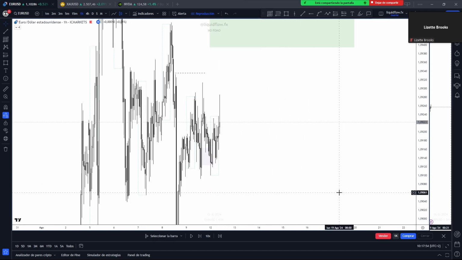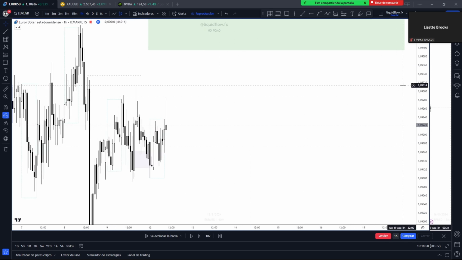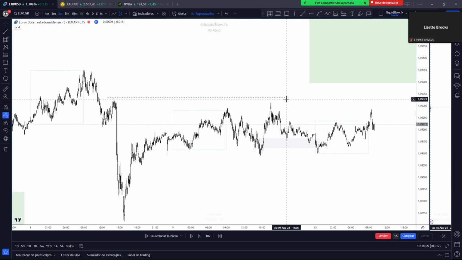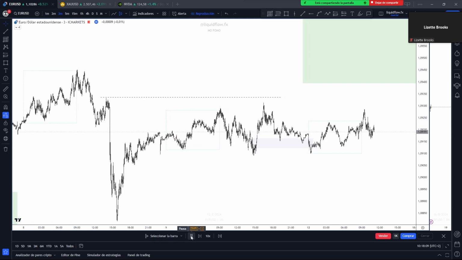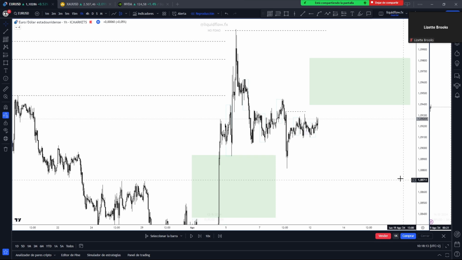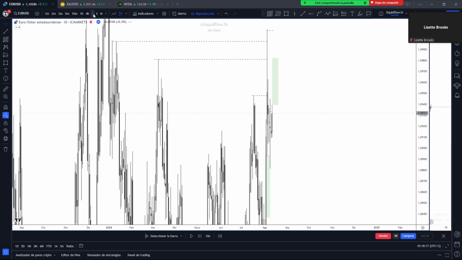So again, as you see, we got this. We reached this already. Our sweep of liquidity in 1 hour. We reached it already. Not yet. So we go. Okay, Monday. Again, which one is our bias? We have a bullish bias.